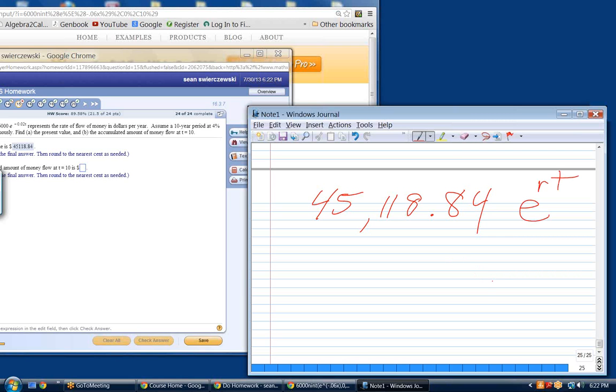So we want to multiply that number by e to the 0.6, rounded to the nearest cent. To the 0.6? Yes. 82,211.88 rounded.